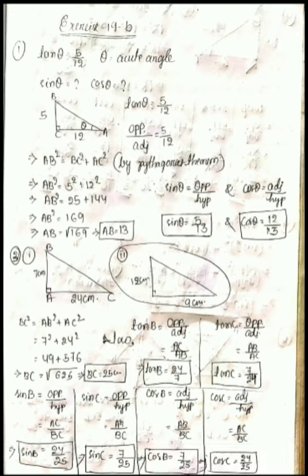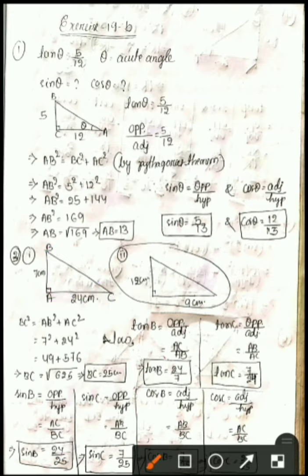Same way, sin B is opposite by hypotenuse. Sin B: the opposite is 24 and the hypotenuse is BC. BC we got 25, so it is 24 by 25. Same way, sin C will be opposite by hypotenuse, that means 7 by 25. So cos B equals adjacent by hypotenuse. What is the adjacent of angle B?